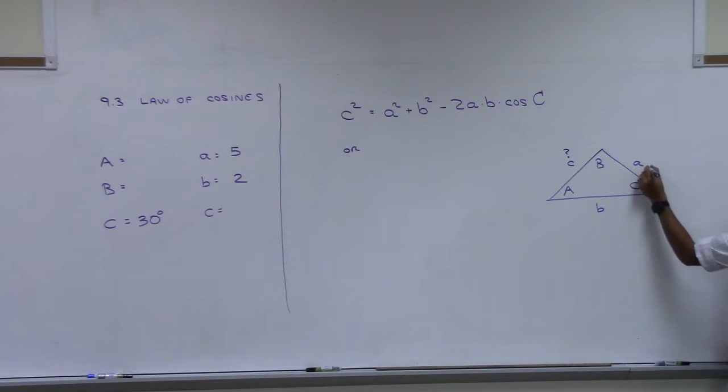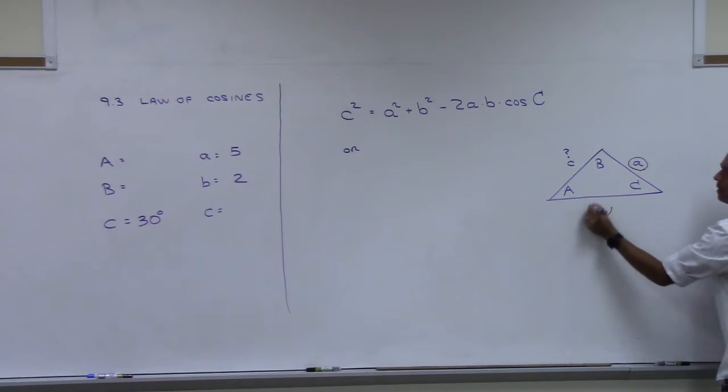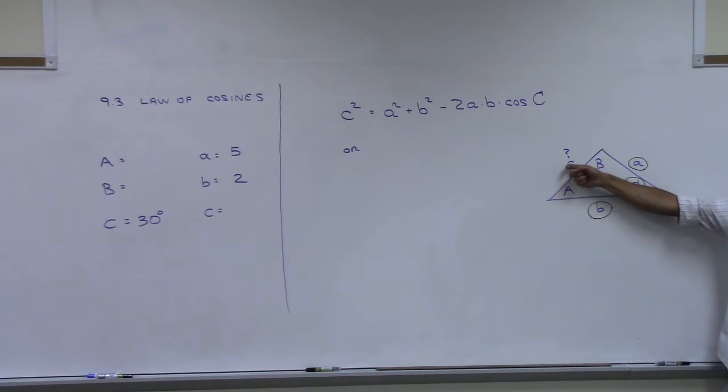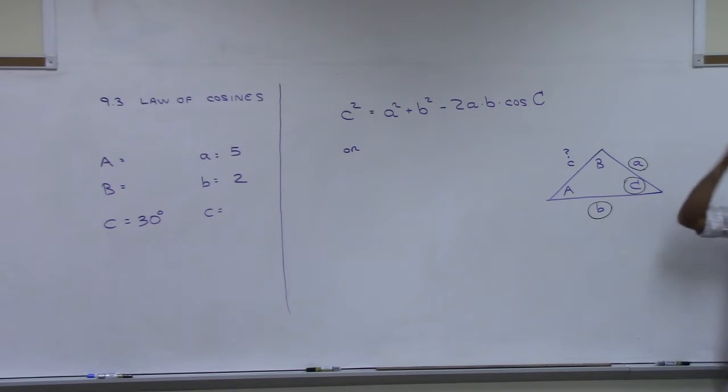I would need little a, little b, and the angle between them. So if you have two sides of a triangle and the angle between them, you should be able to solve for the side opposite that angle.